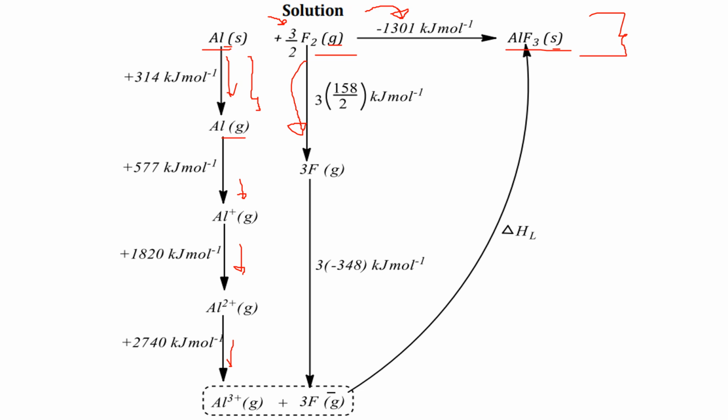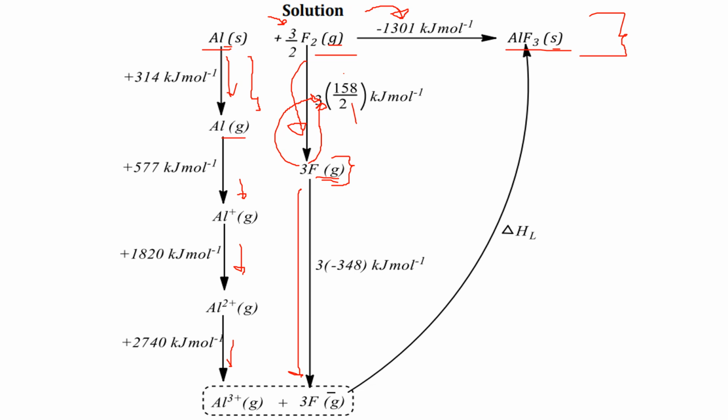So we take the bond dissociation energy, divide it by 2, and multiply by the coefficient, because we have 3 atoms. The bond dissociation energy only gives the energy for 1 atom, so we multiply by 3 to get the energy for all 3 atoms. And then we undergo electron affinity to form the fluoride ion.